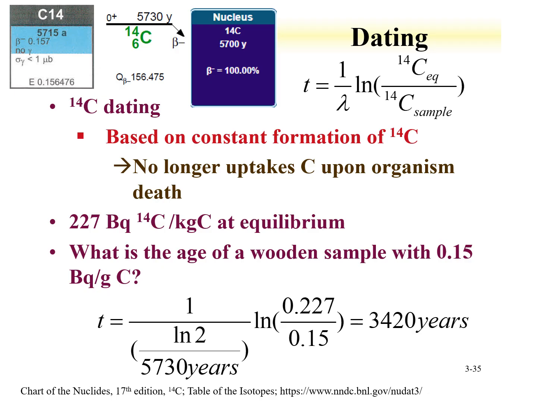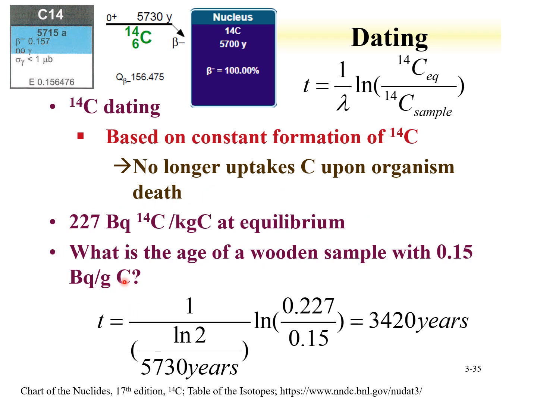1 divided by the decay constant of carbon-14 times the log of the carbon-14 at equilibrium divided by the carbon-14 in the sample. So the equilibrium value is listed here. And what's the age? There's a wooden sample that's been found. It now has 0.15 becquerel per gram.